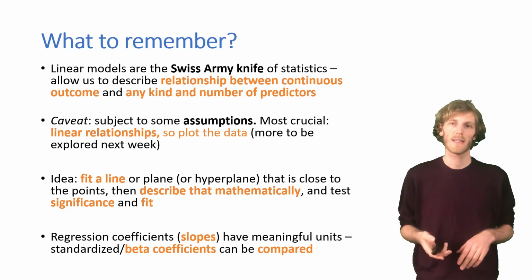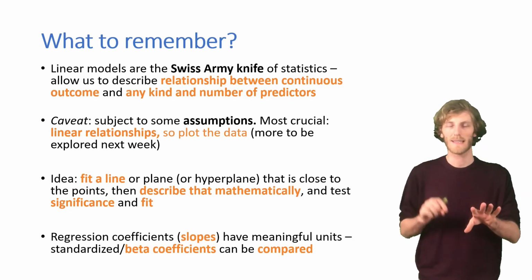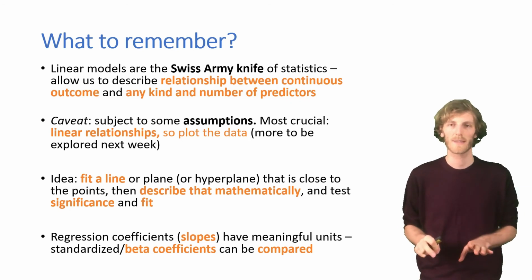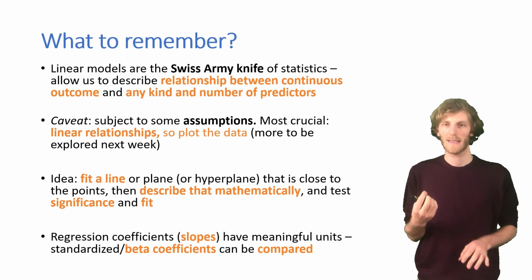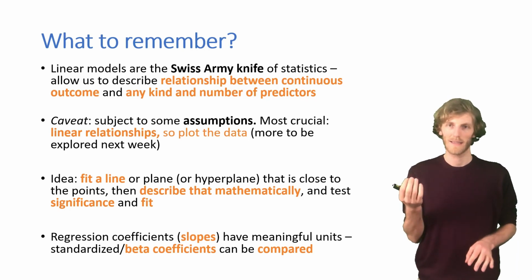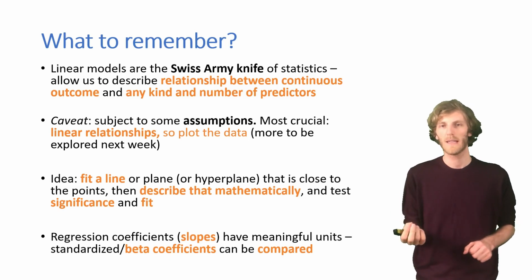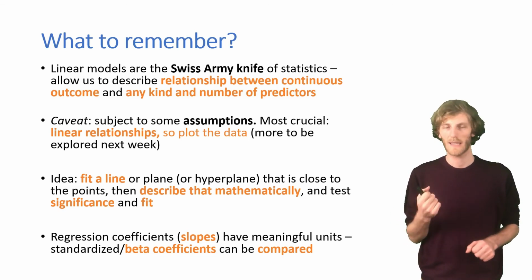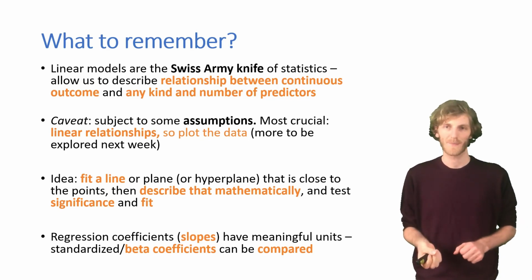And then the last point is to remember the difference between standardized and unstandardized regression coefficients. Unstandardized coefficients tell us about the change in our outcome variable per change in the explanatory variables using their respective units.